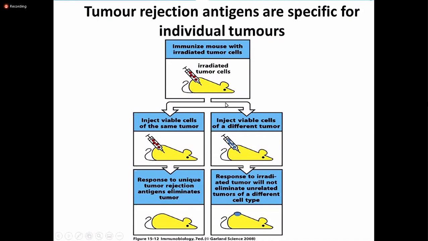Because if they injected a different kind of tumor into those animals in terms of a secondary challenge, then that second tumor injection would develop into a tumor mass. So this was showing that there was immune specificity involved.